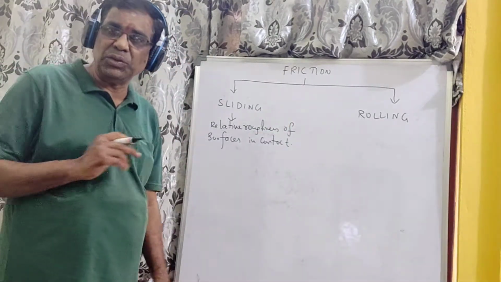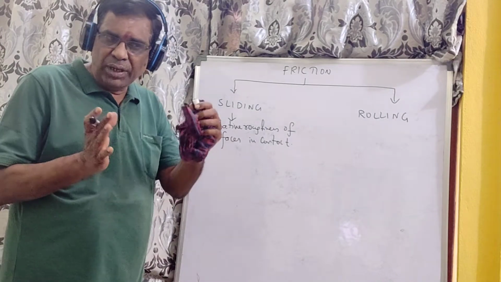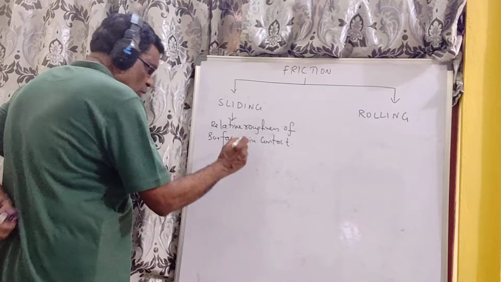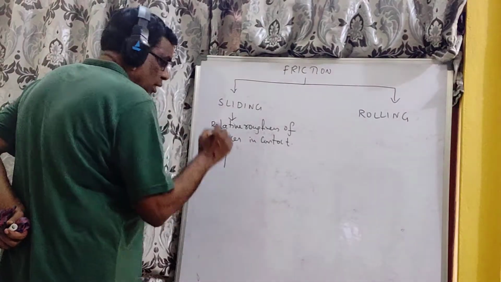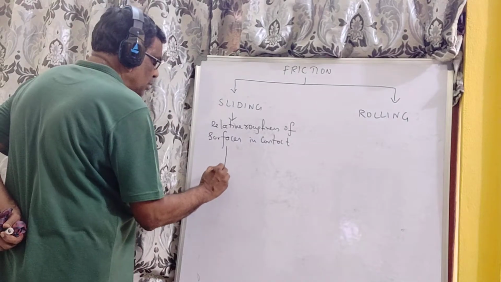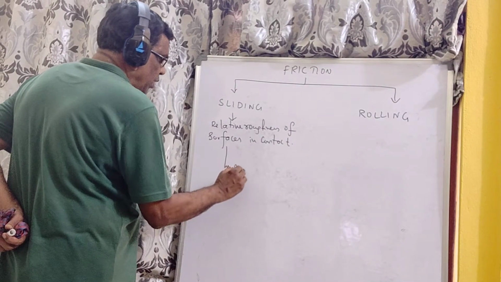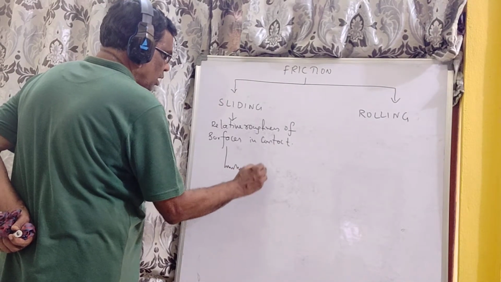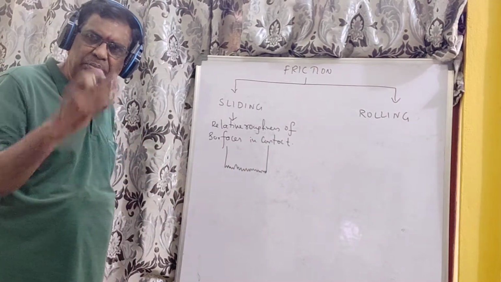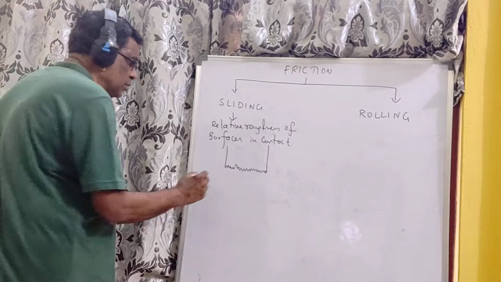Now, this is very crucial. When you have two bodies in contact, if you look at their surfaces at micro level, when you view it through a microscope, you will find several undulations. It is never smooth as it appears to our naked eye, remember.